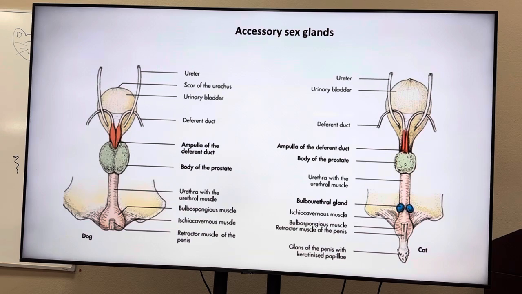So what is sperm? The male sex cell. Sometimes I don't like using the word sperm. I prefer to call it ejaculate. Sperm is the same thing as ejaculate, the same thing as semen.